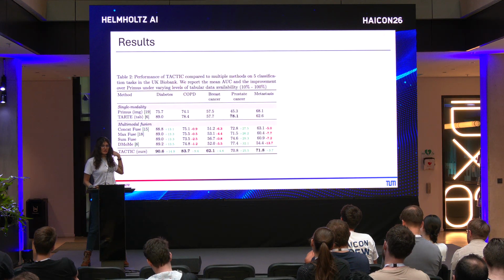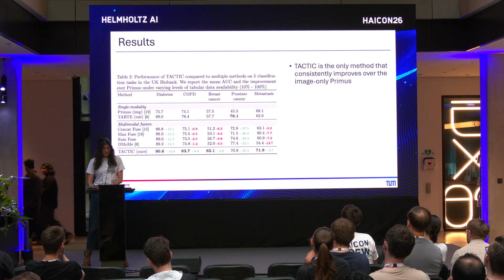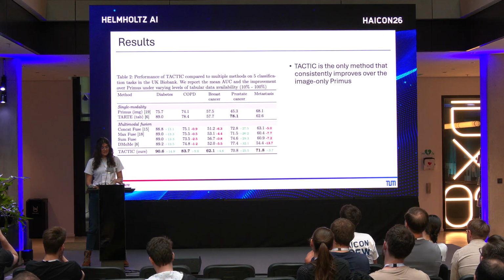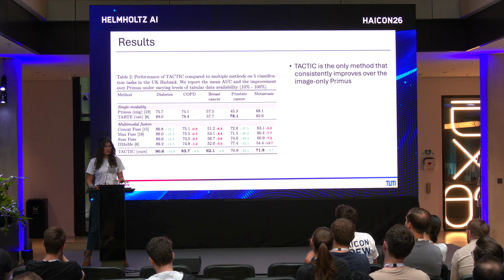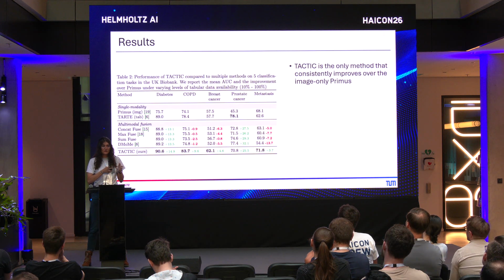So just to summarize this big table, we observe first that tactic is the only method that consistently improves over the image-only baseline. The reason why this happens is because we evaluated these methods under different scenarios with different amounts of tabular data availability.